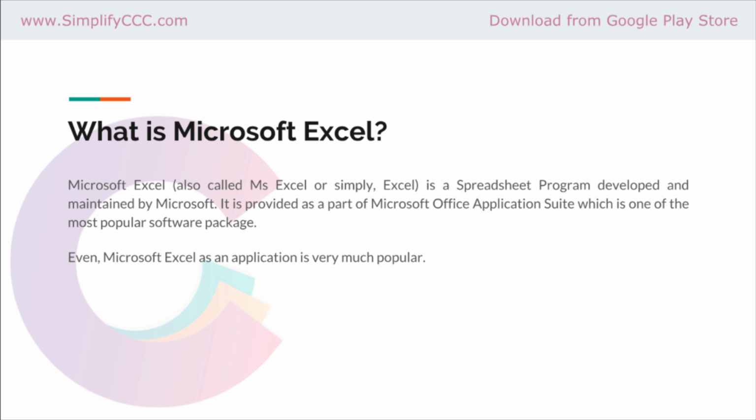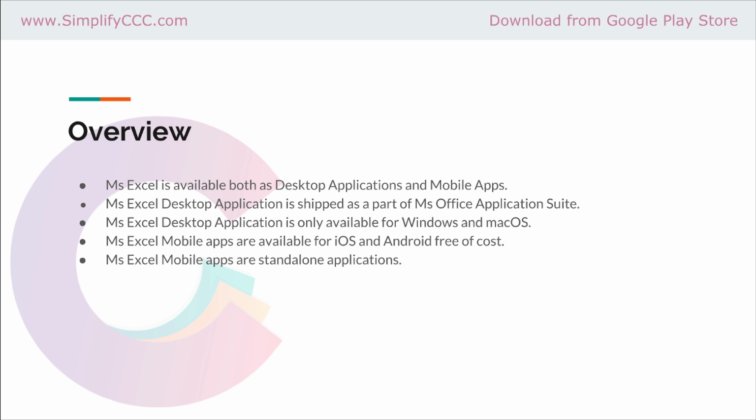There are various options too which help to perform various operations, such as mathematical, logical and financial operations, on that data. We get Microsoft Excel as a part of the MS Office application package, which is very popular for desktop applications. Excel is available for both mobile and desktop applications. For desktop, it is shipped as part of the MS Office package.